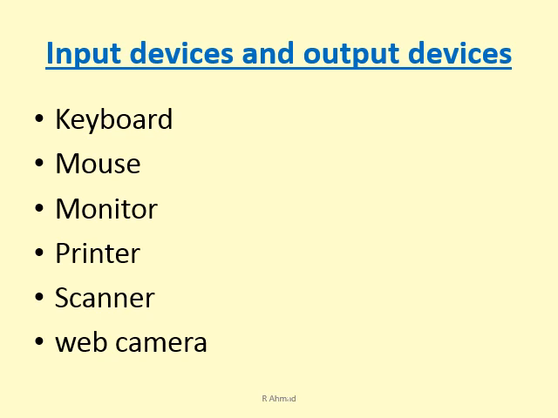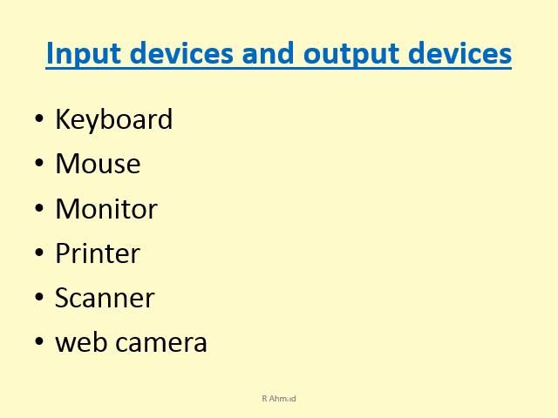Then we have a scanner. The function of scanner is to accept the data and convert it into digital format. For example, you must have seen every time when we need to get something xeroxed, we go to a shop and we give a document. What that person does is he simply places that document into the scanning machine and then takes the photocopy.